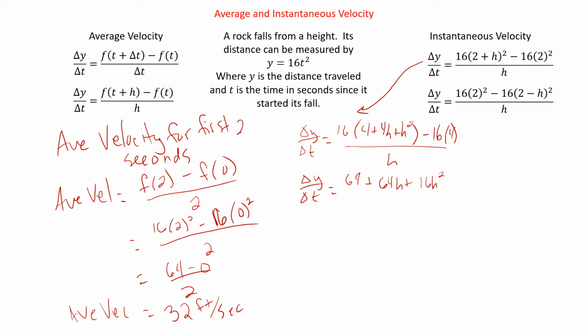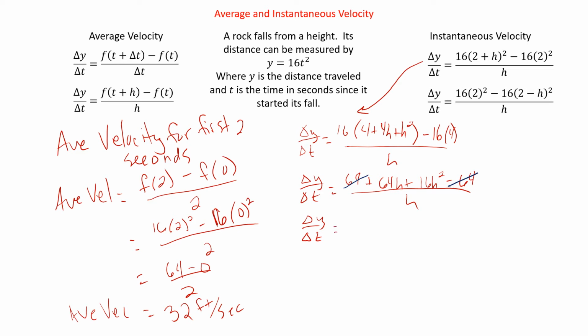That's 16h squared, because there's not a 4 in front of that one, minus 64 over h. And then what happens here is we have a 64 minus 64. Those guys disappear. Now everything has an h in it.